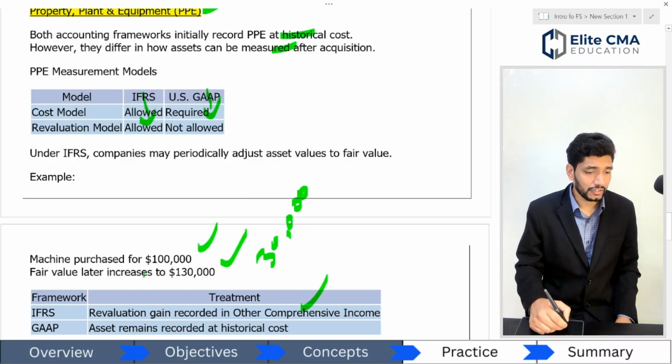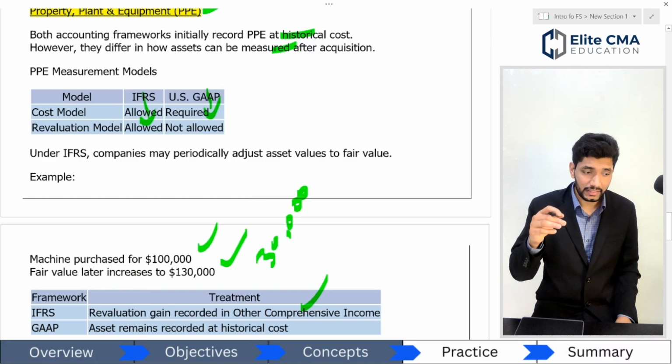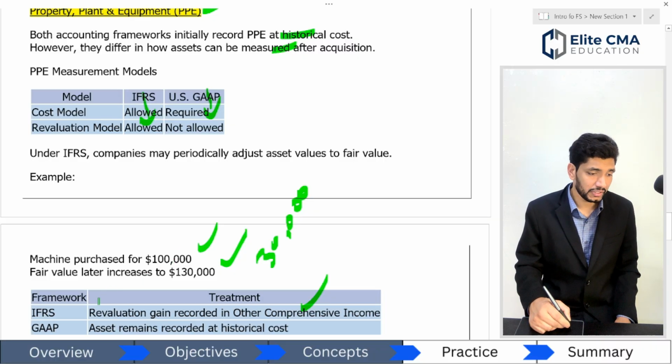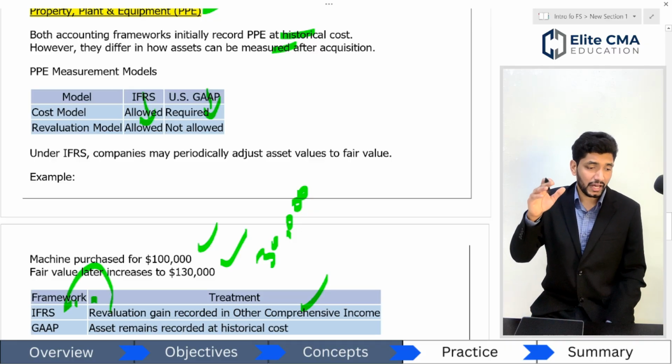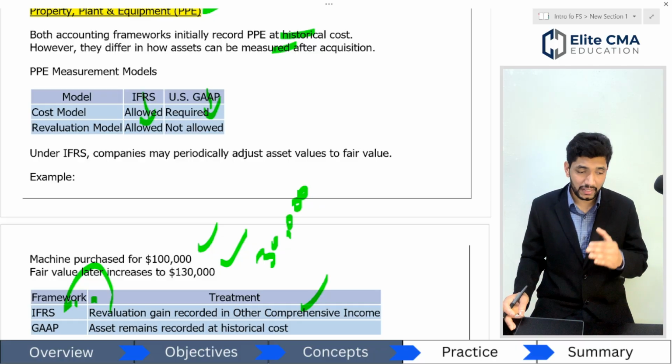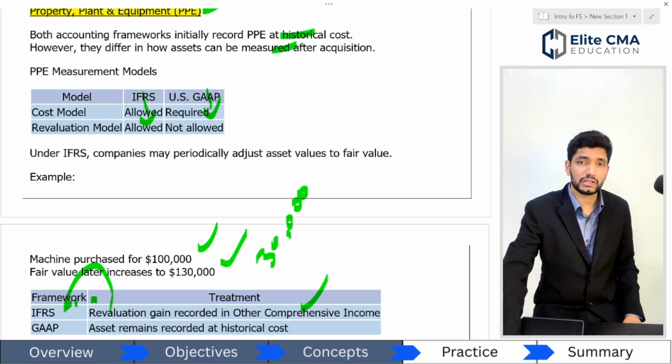So this is the key difference between IFRS and US GAAP, the treatment of revaluation. In IFRS, the revaluation gain is recorded in other comprehensive income, but in US GAAP, the asset remains recorded at historical cost.